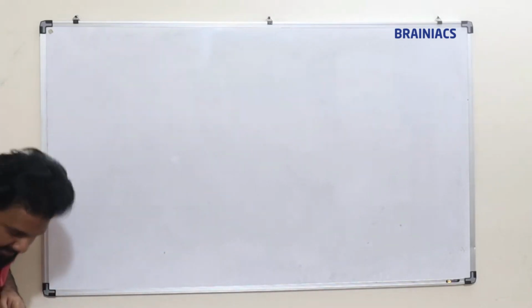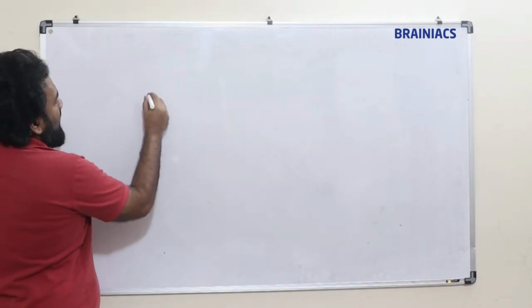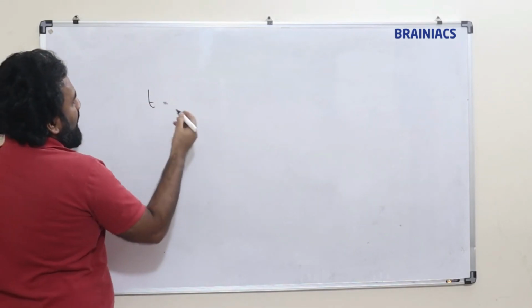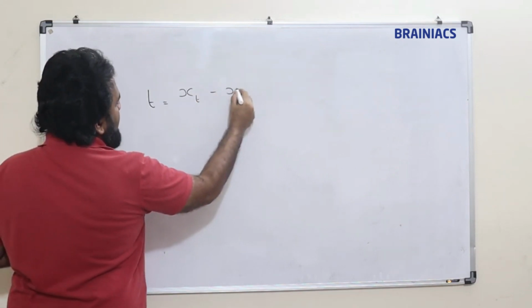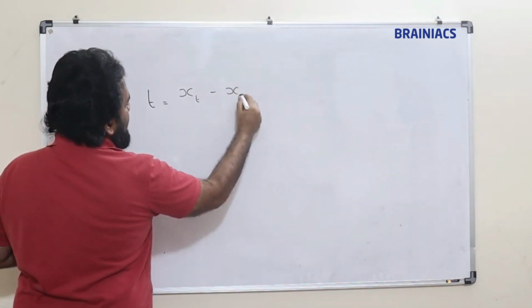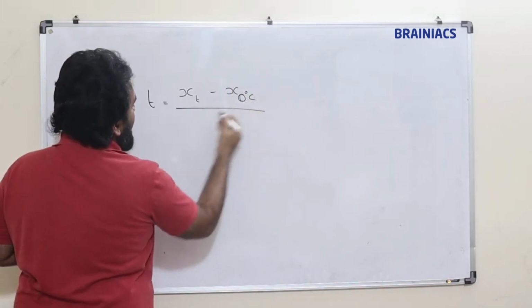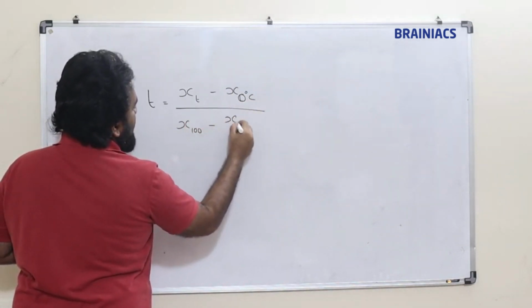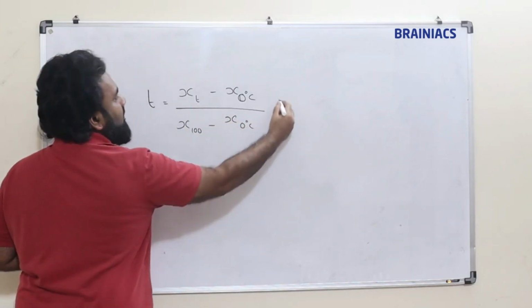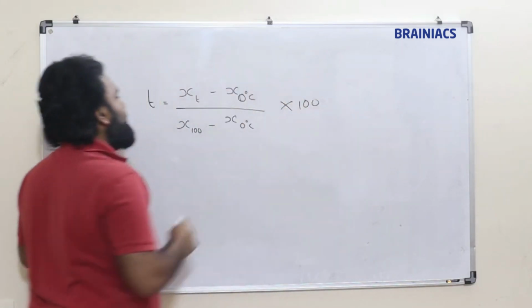So I am summarizing this. Suppose we need to know the temperature: the physical quantity at that temperature minus that physical quantity at 0 degree Celsius, divided by the physical quantity at 100 degree Celsius minus that physical quantity at 0 degree Celsius, into 100.